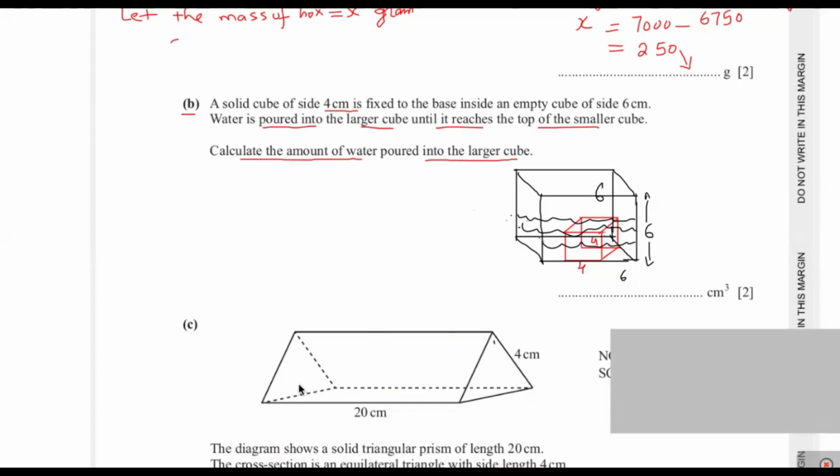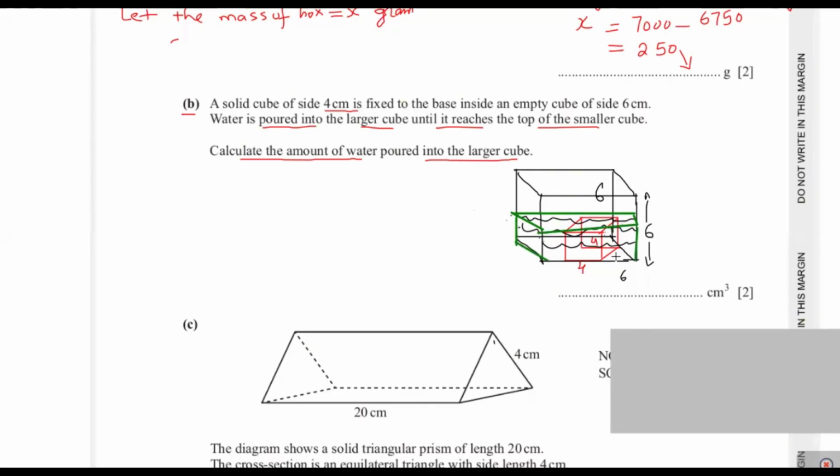To calculate this water, firstly we will calculate the volume of the container up to which the water level reaches. Look here, this is the position of the container up to which the water reaches.